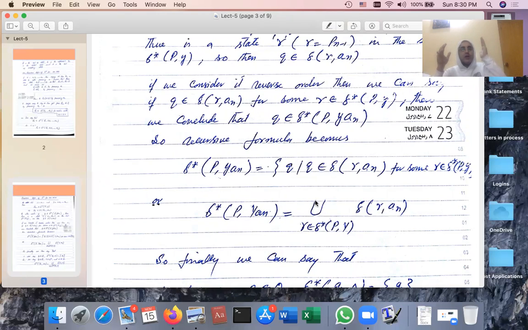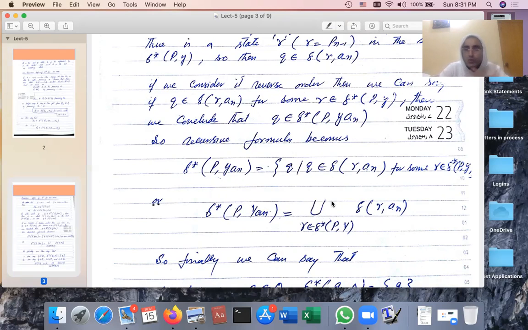I can say one transition for the initial state, union one transition for the second state, union one transition for the third state, one transition for the fourth state, and so on. And then I conclude with the union for the last, pn minus 1. In this way I can explain my r.